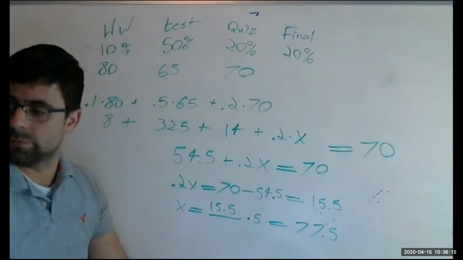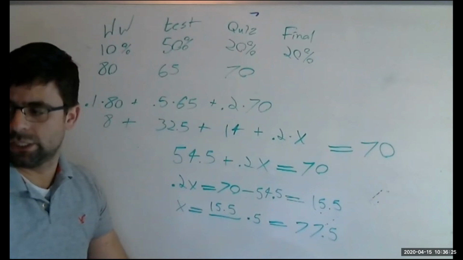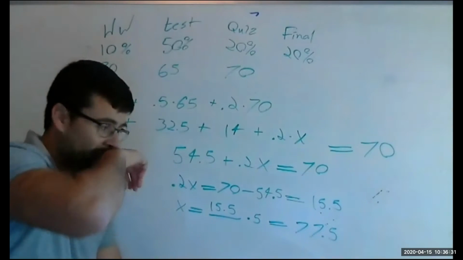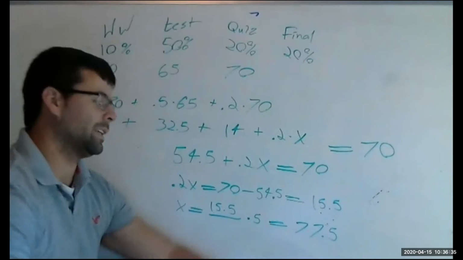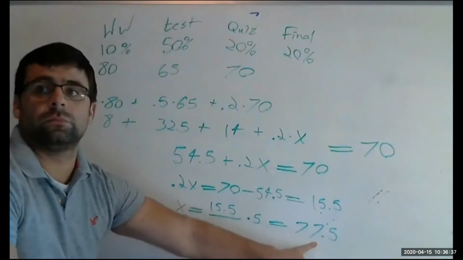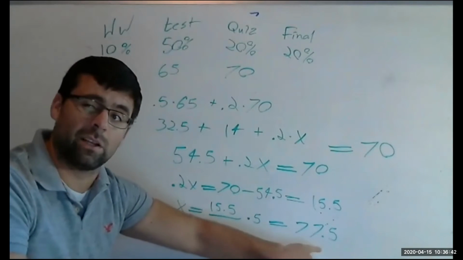Now, assuming that your teacher only gives grades in whole number percentages, and assuming they're not going to round anything, you really need a 78, because if you got a 77, it's a little bit less.